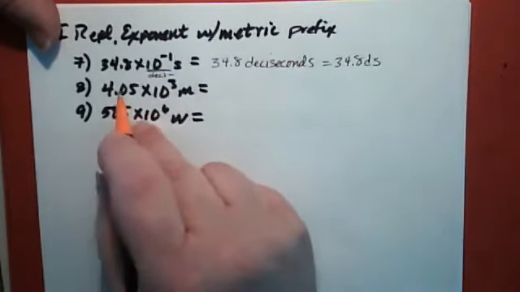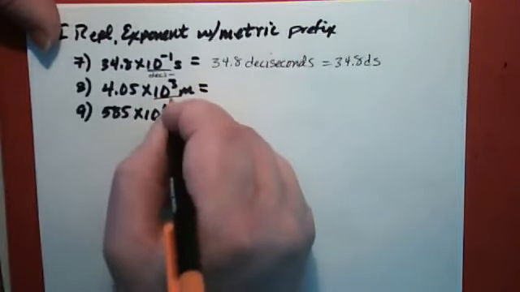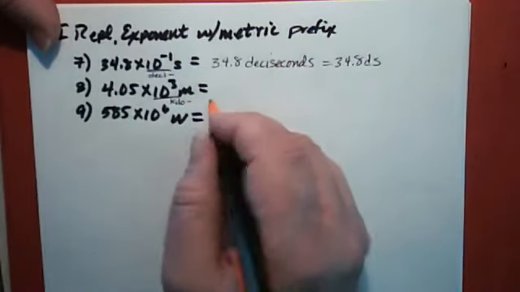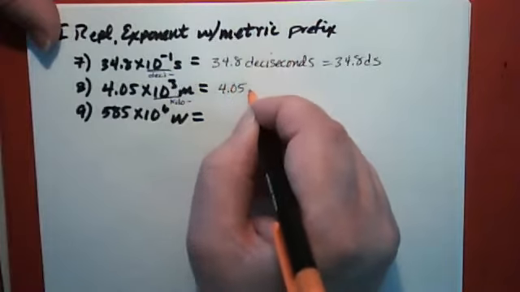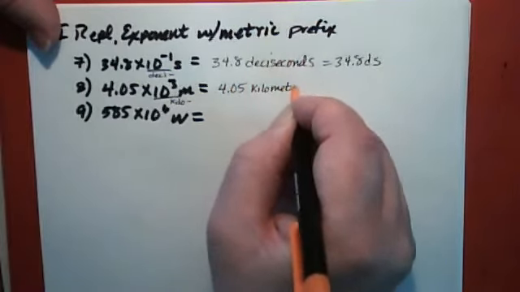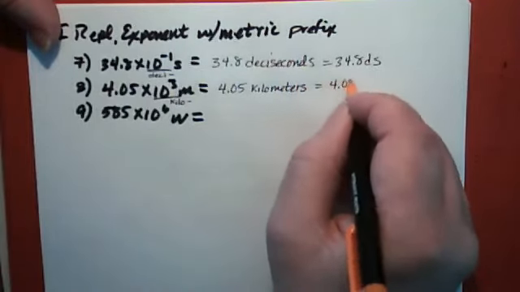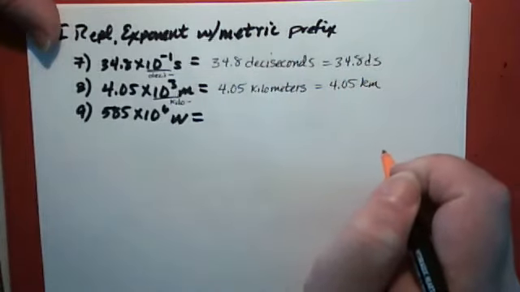For the next one, 4.05 times 10 to the 3rd. Remember, 10 to the 3rd is kilo. So that would be 4.05 kilometers, or 4.05 km.